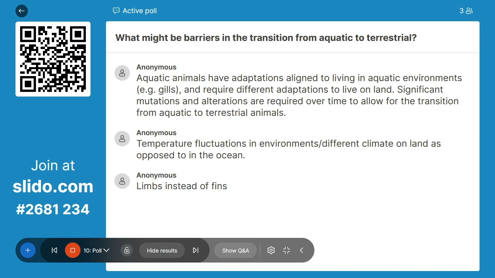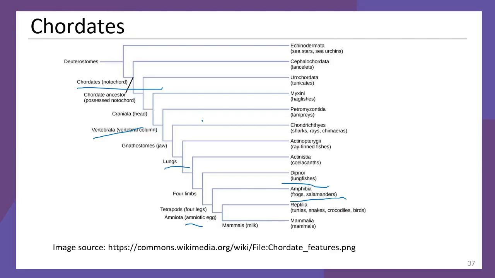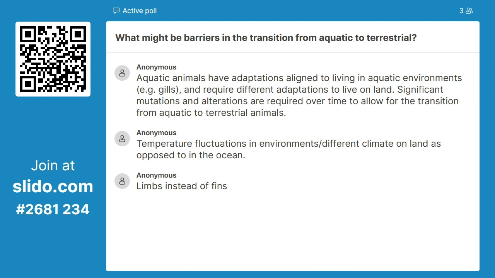A key thing I'll be thinking about with temperature fluctuations, if you're used to an aquatic environment, is fish or these amphibians, where they're still laying their eggs in the water, right, because you need a way to not have them dry out. And this links to what was being said before about our fetus developing in a fluid-filled environment.